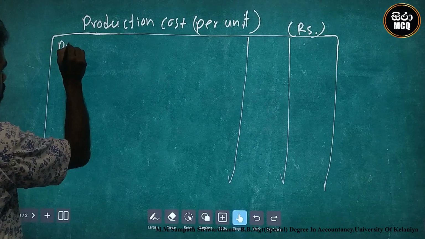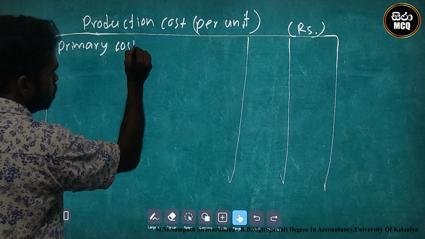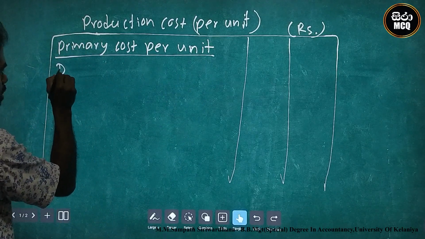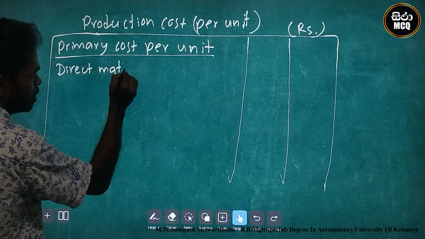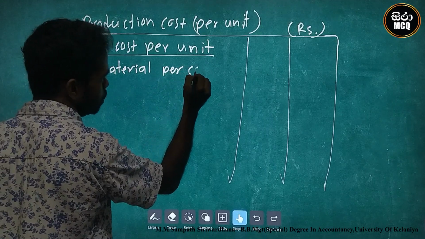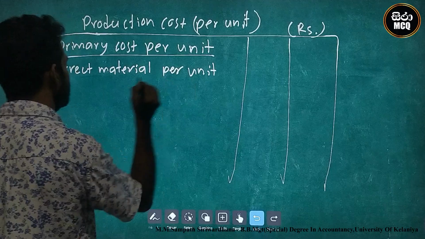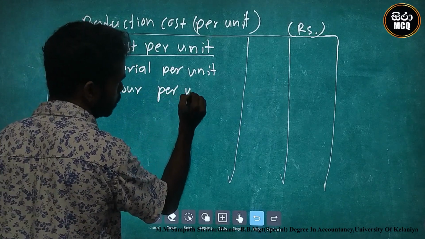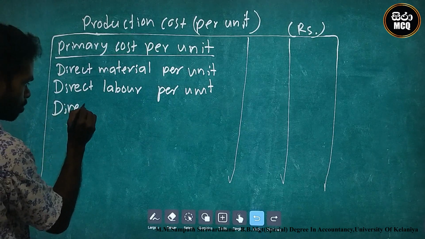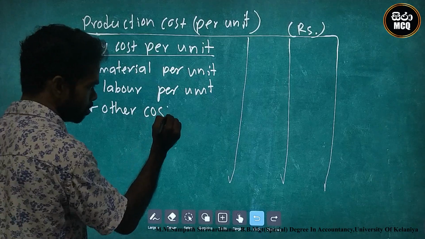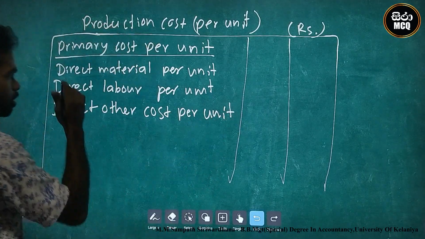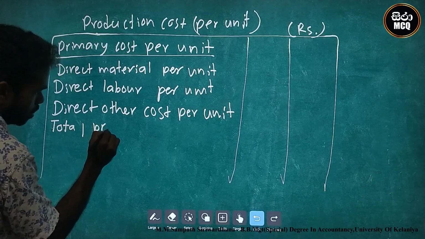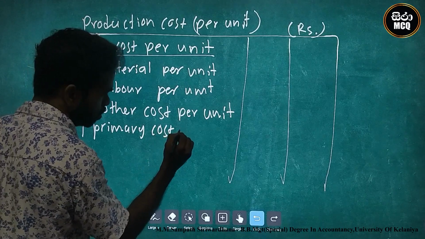Primary cost per unit: direct material per unit, direct labor cost per unit, direct other cost per unit. The sum of these three is the total primary cost per unit.